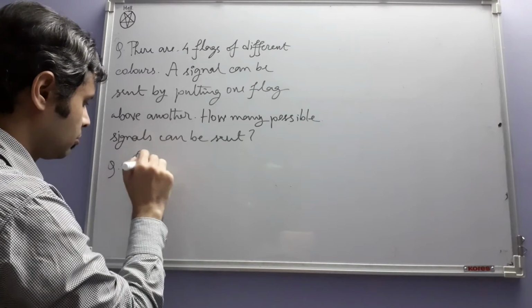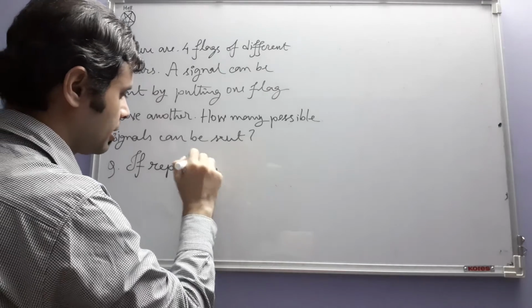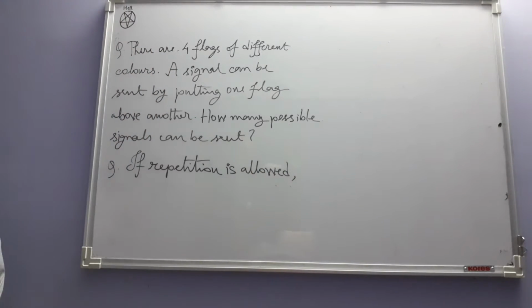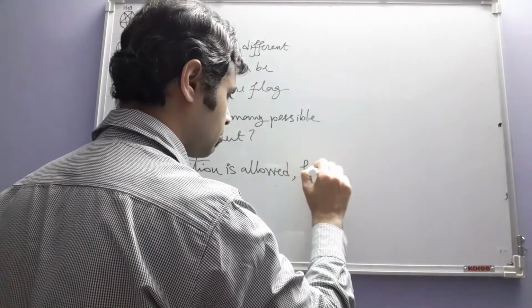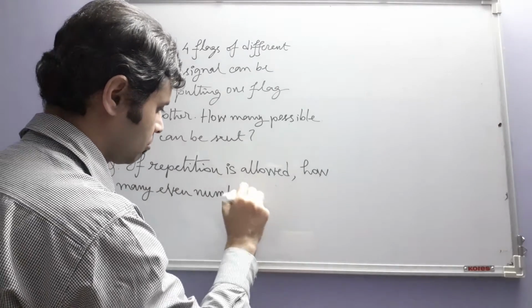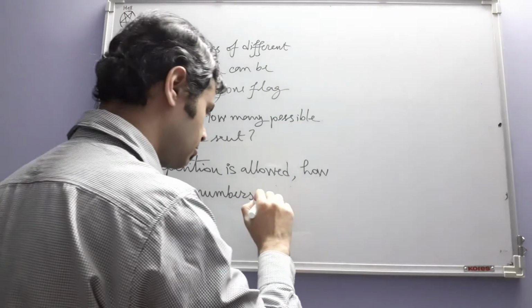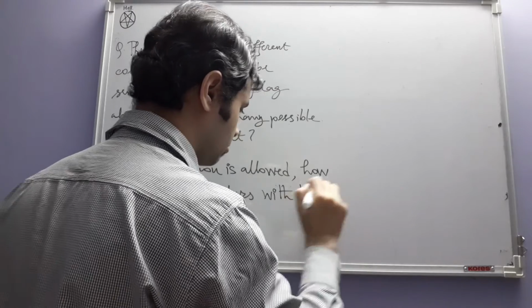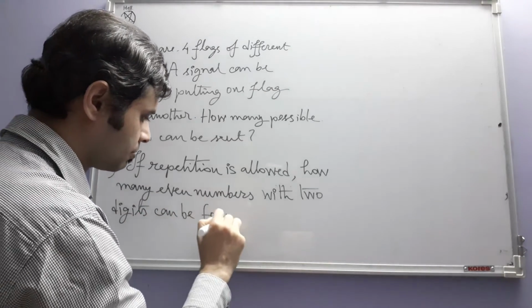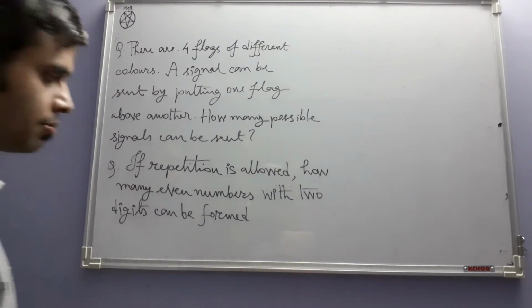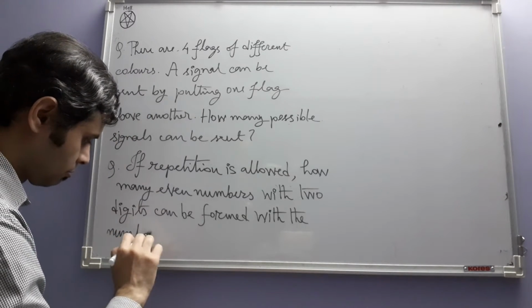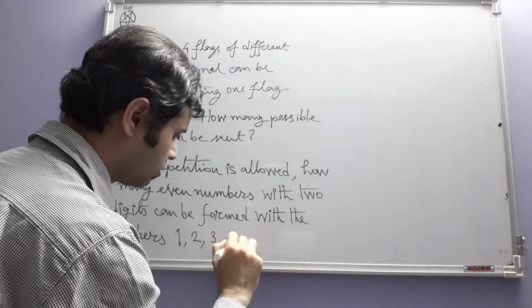If repetition is allowed, if something can be repeated, how many even numbers with 2 digits can be formed with the numbers 1, 2, 3, 4, 5?